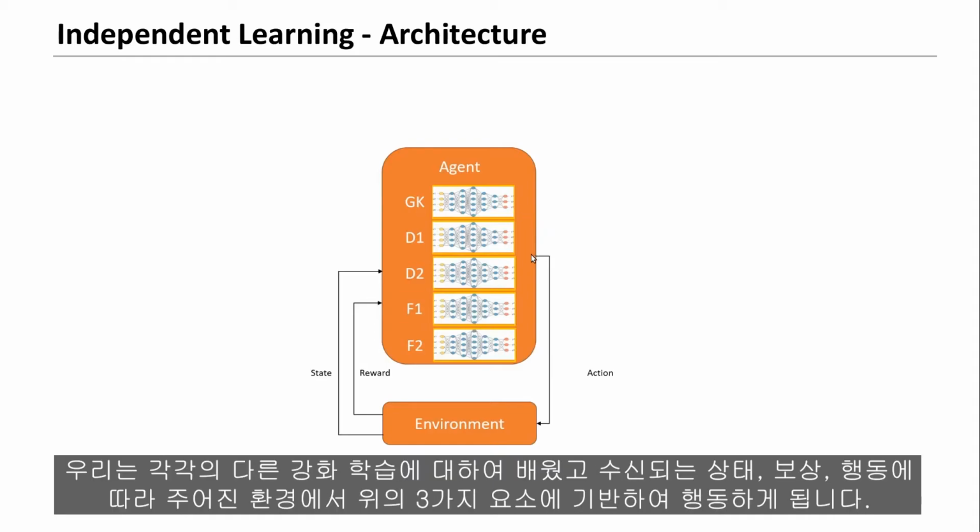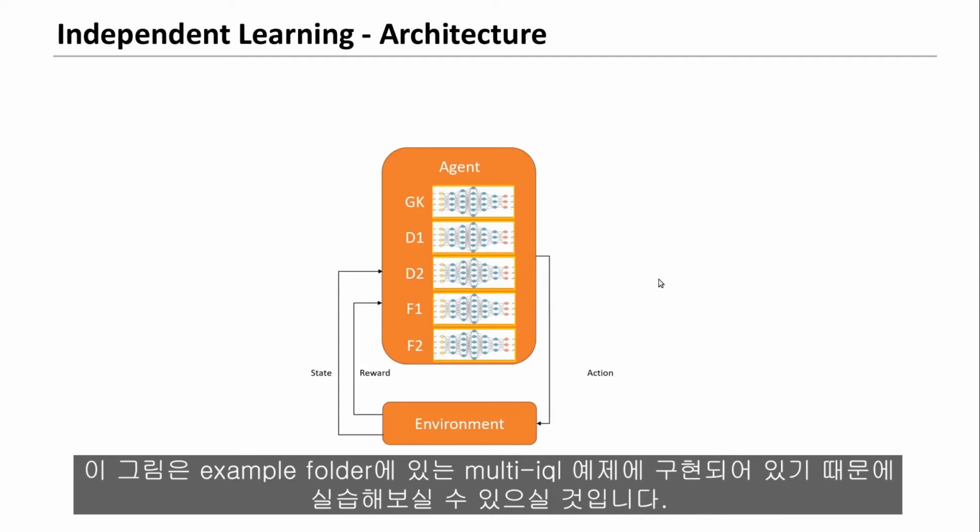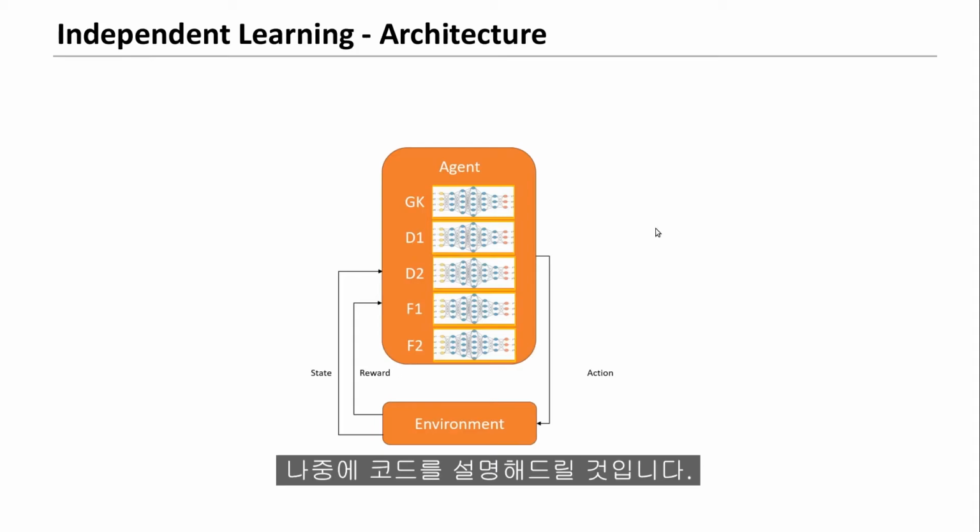So we have our deep reinforcement learning framework replotted here, where we receive our state and reward from the environment, and we choose our actions based on that. And this is implemented in the multi-IQL example in the examples folder, so it can run based on this architecture. I'll do a code review later to review this example.